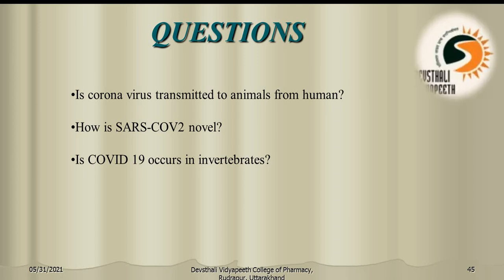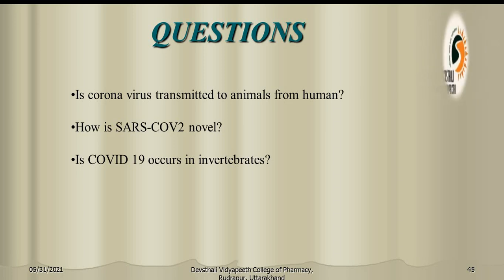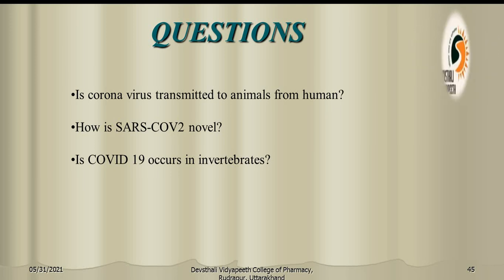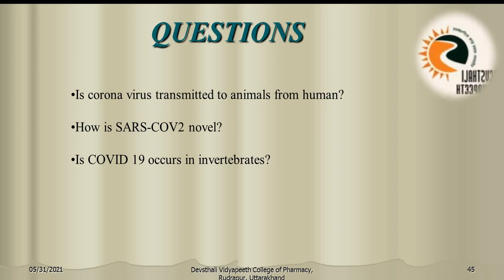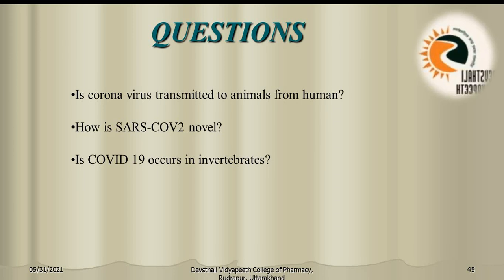And how is SARS-CoV-2 novel? As we look into the viral genomic structure, SARS-CoV and MERS-CoV, seen in 2003 to 2012, had studies suggesting an intermediary animal responsible for the transmission, so we could relate the genomic sequences of these animals.